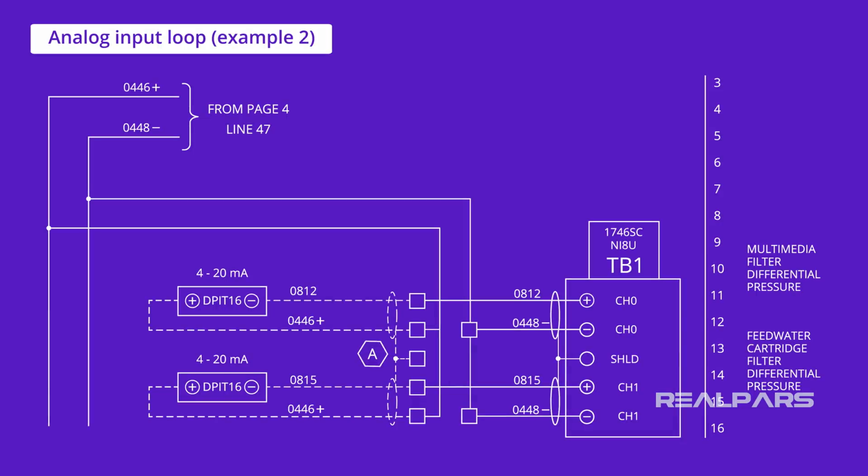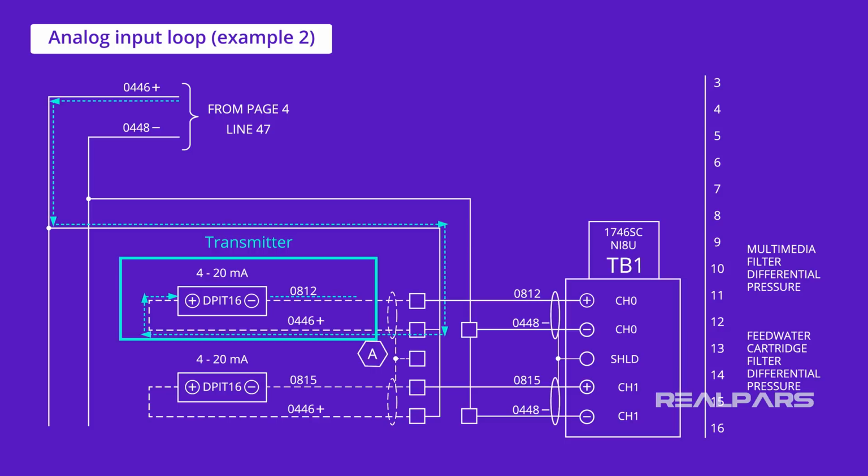Okay, let's look at another example and see if we can find the transmitter, power supply, and controller. The power supply is found on the drawing on page 4, line 47 of the entire multi-page document. The power supply is used to power many loops as well. The transmitter is connected in a two-wire configuration with the power supply and the controller through wires labeled 0812 and 0446.